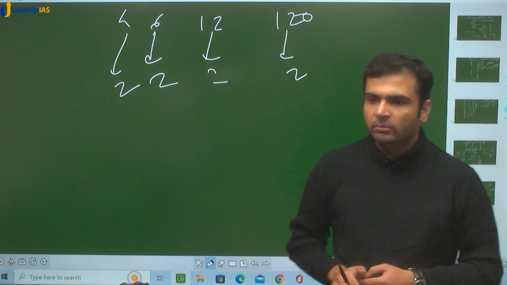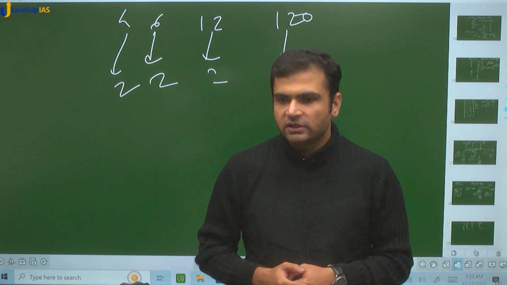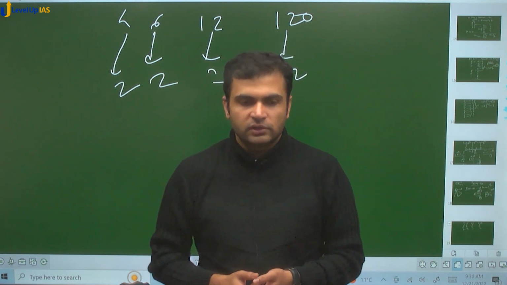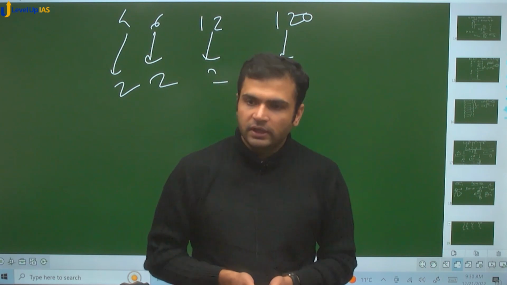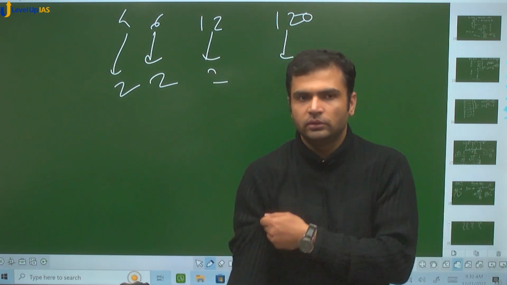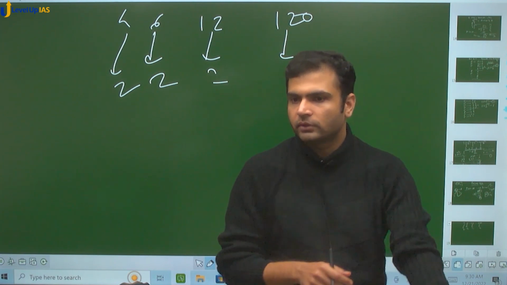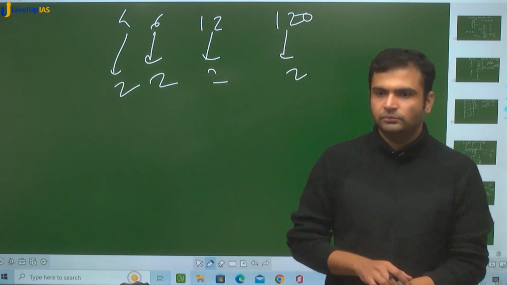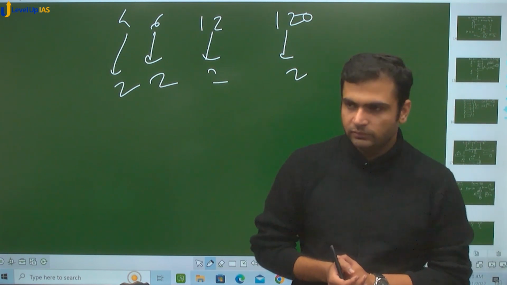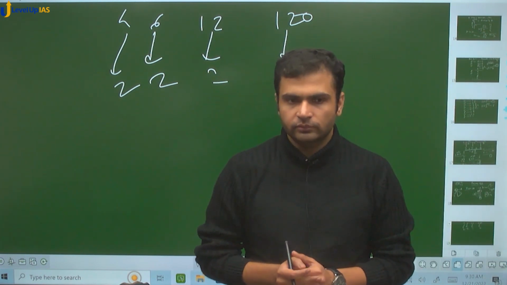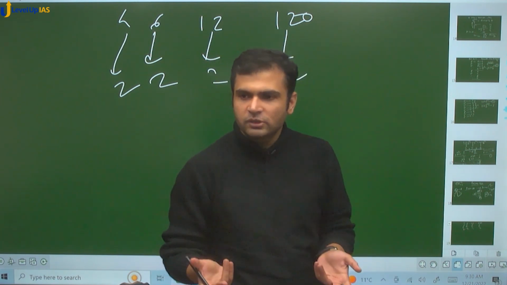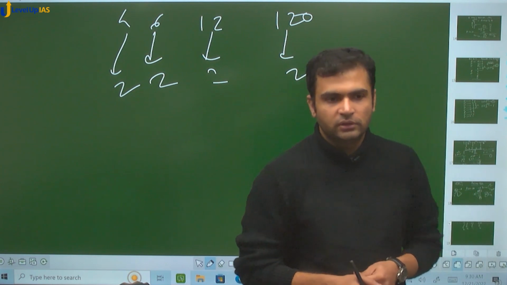Is 15 a prime number? 3 is a factor. 12 cannot be a prime number. 17 is a prime number. Then 27, no. 79, yes. 85, can anything which has 5 at the end be a prime number? 5 will always be a factor of that particular number.